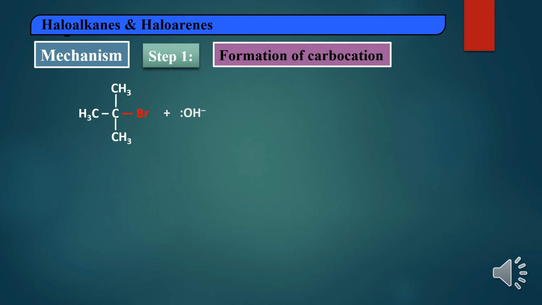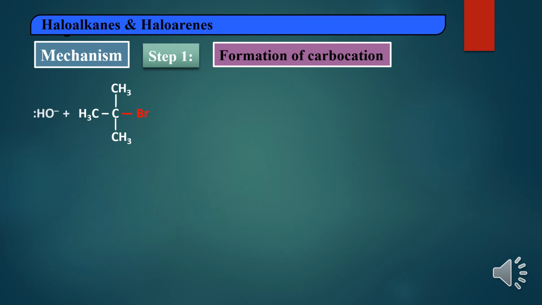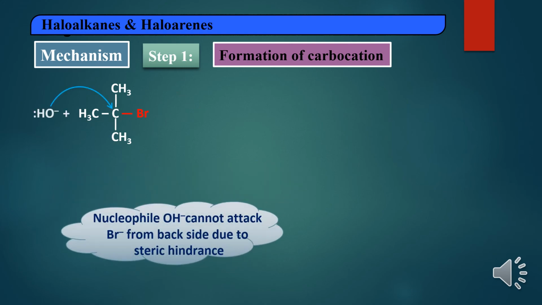So here you see tertiary butyl bromide is there. If you take the nucleophile directly, if you do the reaction like SN2, what happens here? OH minus cannot attack the carbon atom and replace Br minus from the front side due to repulsion. Even from the opposite side it cannot attack, because of steric hindrance.